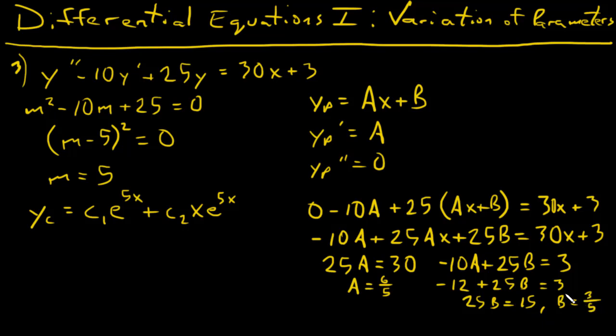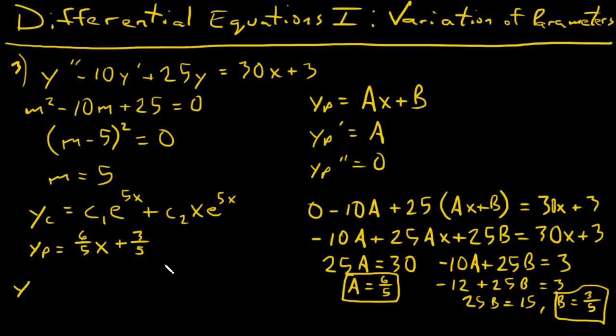Alrighty, so now I can write my final solution. Let me do y sub p up here. Y sub p then is equal to, well, I've got my b and my a that I need to fill that out with. So y sub p is going to be 6/5 x, and then plus b, which is 3/5. So 3/5, just like that.